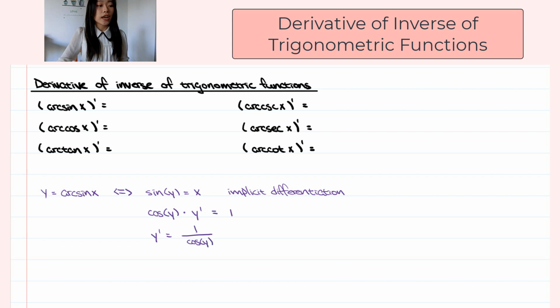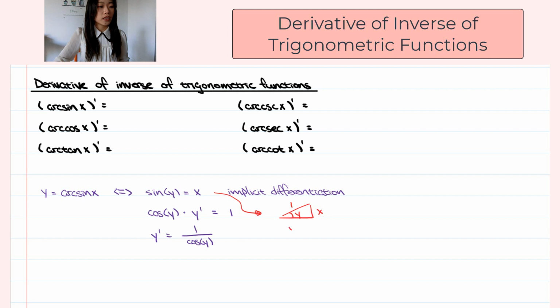Now let's write the cosine of y in terms of x. Let's start from this equation here. I have sine of y equals x. Y is inside the sine function, so let me call this angle y. And the sine function is opposite divided by hypotenuse, and that equals x, which means opposite is x, and hypotenuse is 1. Then I can use Pythagoras theorem.